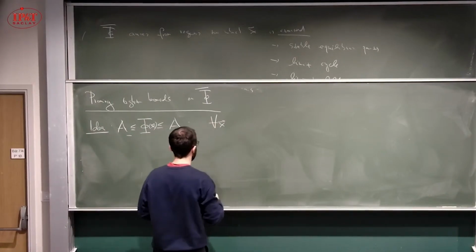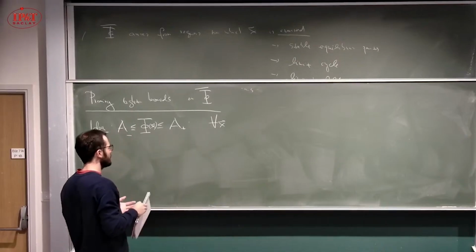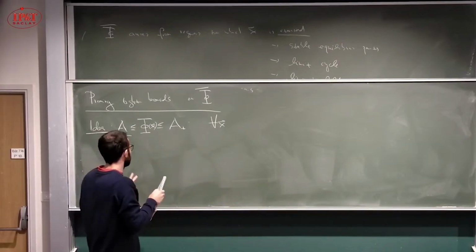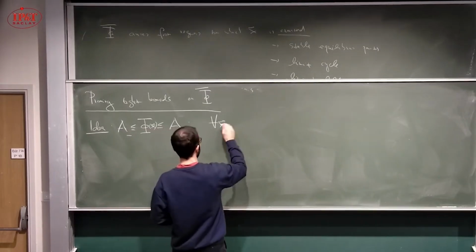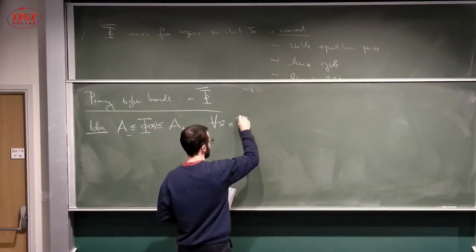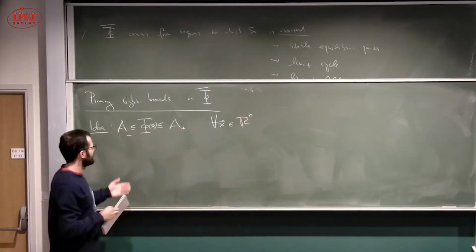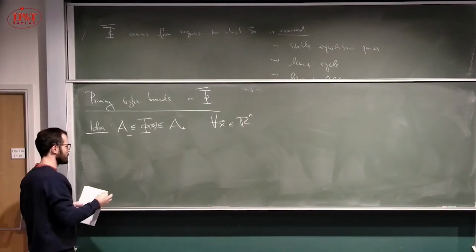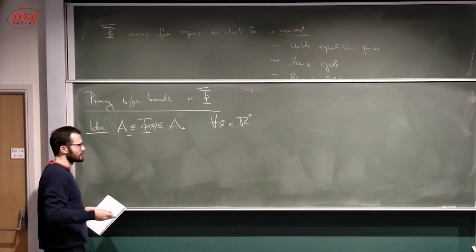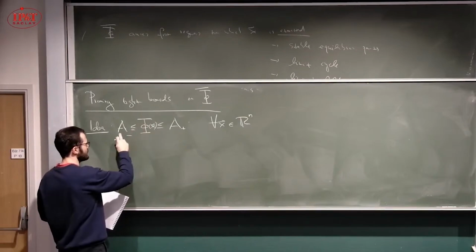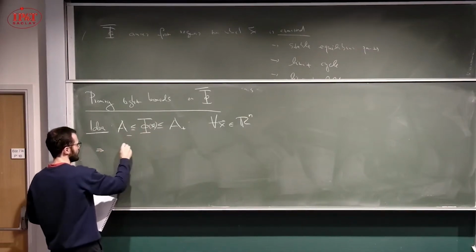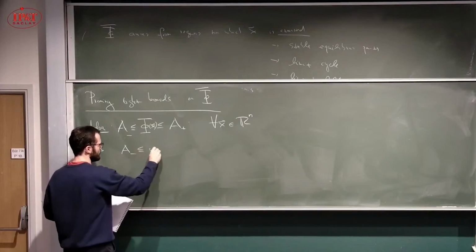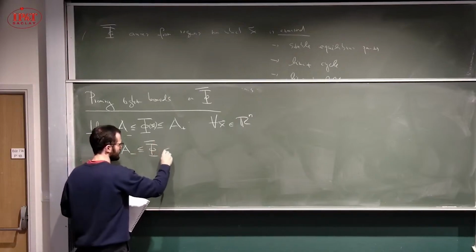So at first sight, the idea is completely trivial. It looks like it has no chance of being powerful. But if this is true for all points in Rn, then the corresponding bounds hold also for the average, right? Because no matter where the point goes, phi will always stay bounded above and below by a minus and a plus. So if this is true, then the average is also bounded.